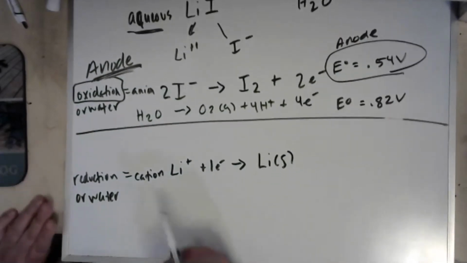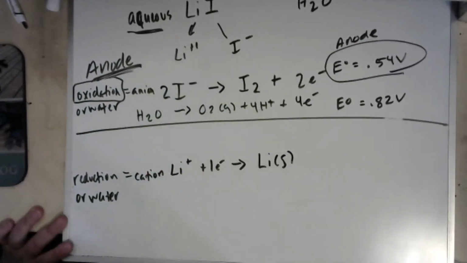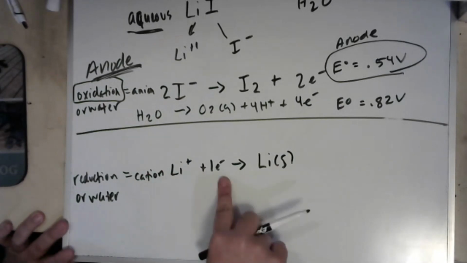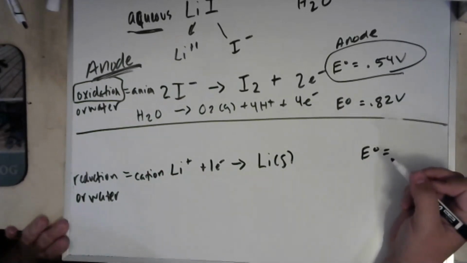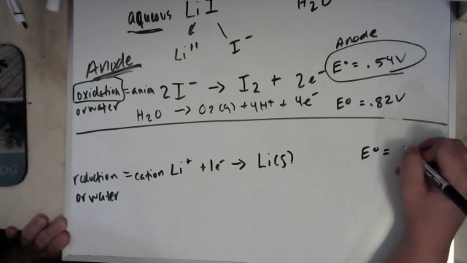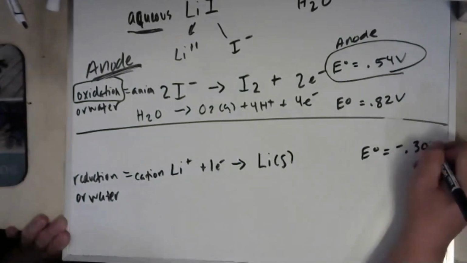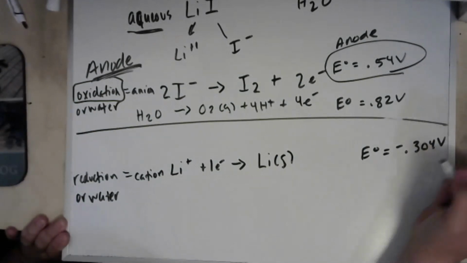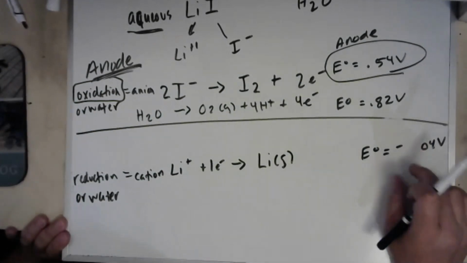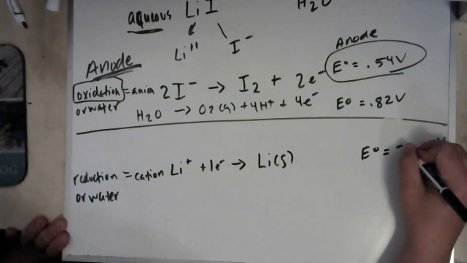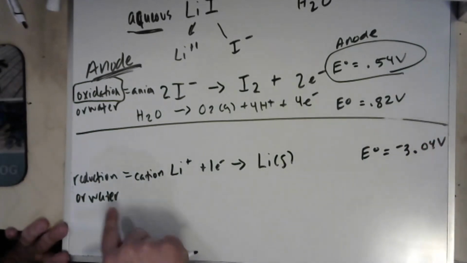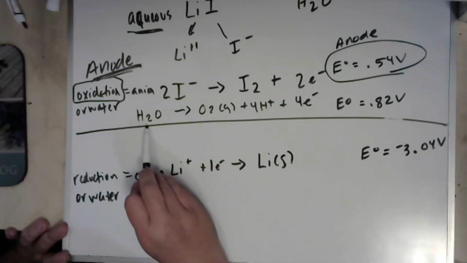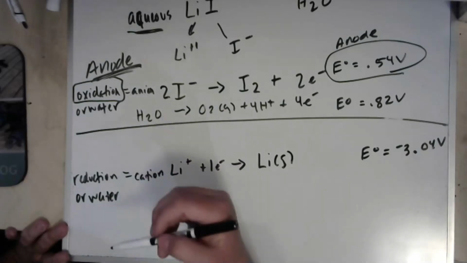Okay, but now we're going to do the same thing for the reduction half reactions. Our lithium has an E value of negative 3.04. Sorry, I read that wrong. And now we're going to find the reaction where water is being reduced, so it's going to be gaining electrons.